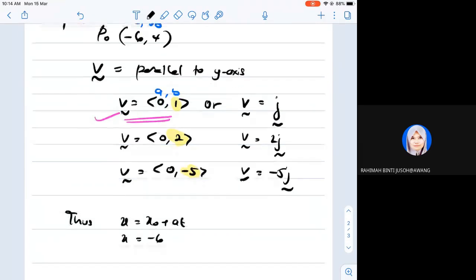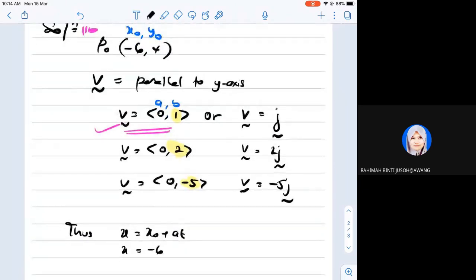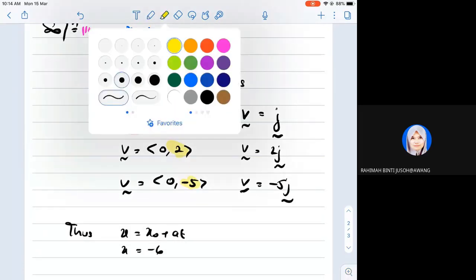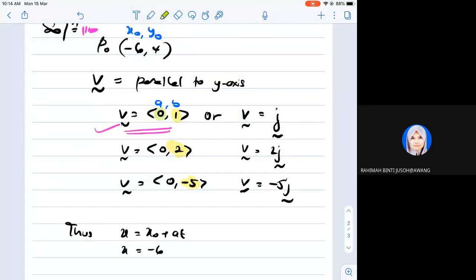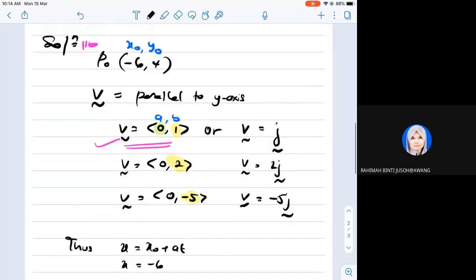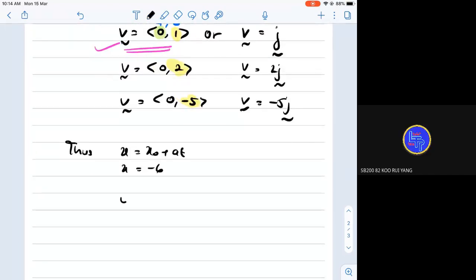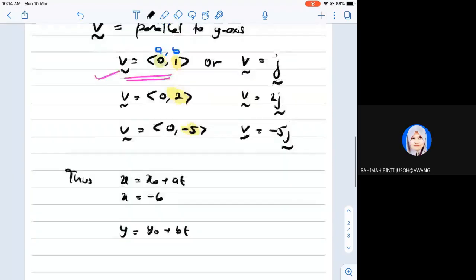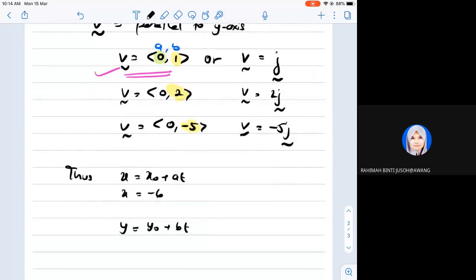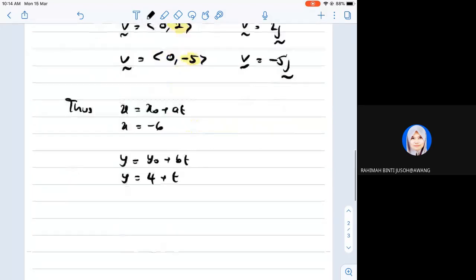So just negative 6, because our A is 0. Understand? Okay, y equals y0 plus Bt. y0 is 4, therefore y equals 4, B is 1, so plus t. That's it, that's the answer for this question.